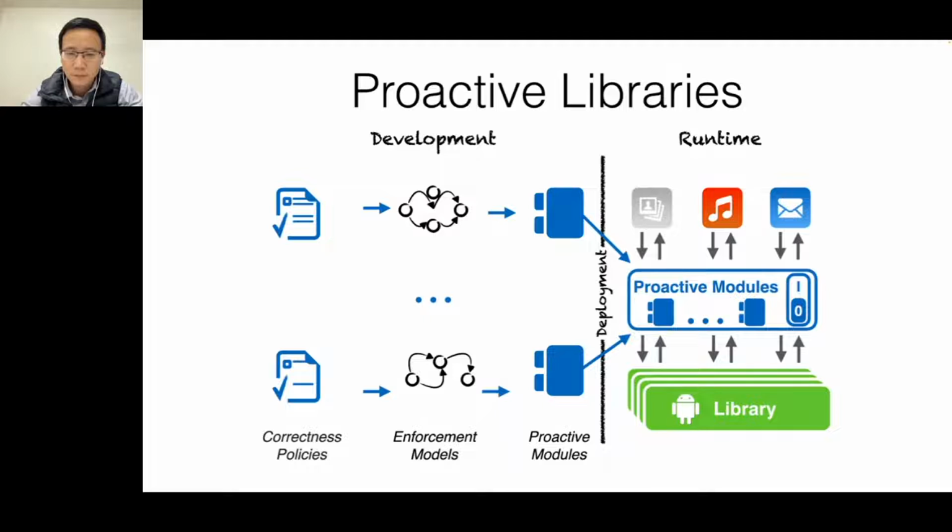These policies are then formalized and encoded into enforcement models. These models specify how to avoid violations of policies. The proactive modules are finally generated from enforcement models and deployed in the operational environment.